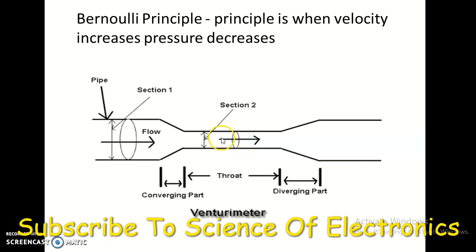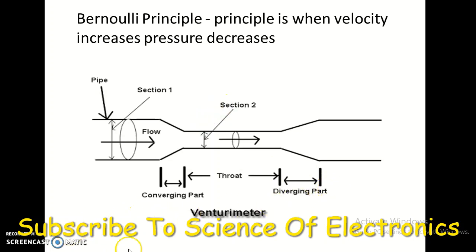Similarly, if liquid velocity at this position is less, pressure exerted on this point is more. That is, the product of velocity and pressure at this point and at this point is always similar or always constant. This principle is utilized by venturimeter to measure velocity of liquid.